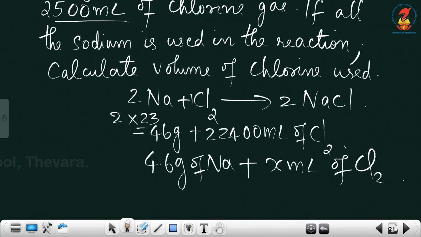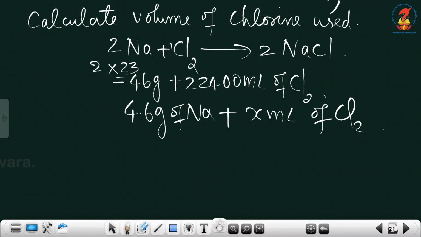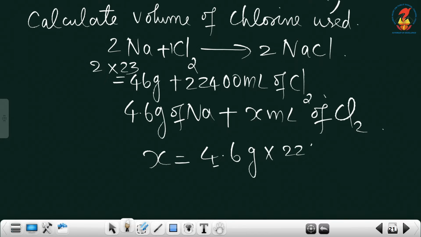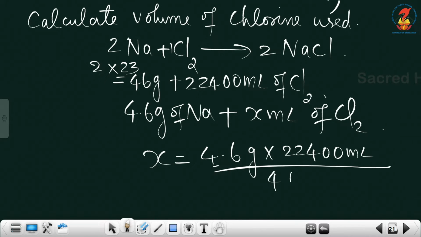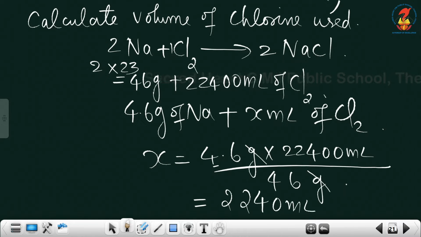X ml of chlorine. Now you calculate X. X will be equal to 4.6 gram into 22,400 ml divided by 46 gram. Gram and gram get cancelled and you get the answer as 2240 ml.